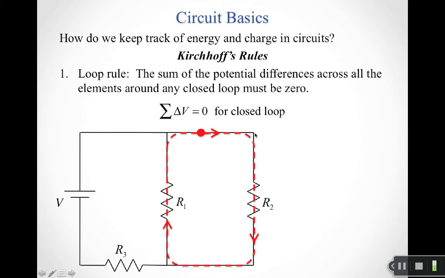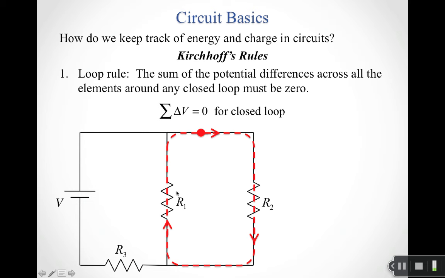We could pick a loop without the battery. Again, we could start up here at this point, and we would go across this resistor and across this resistor. The way this works out is we'd be going across this resistor with the current. That's going to be a potential drop. We're going to go across this resistor against the current. That's actually a potential increase.